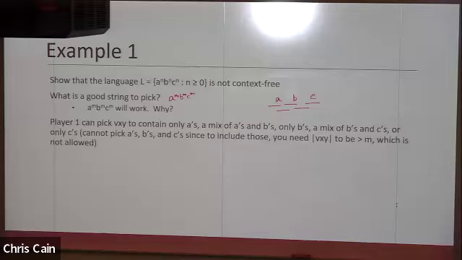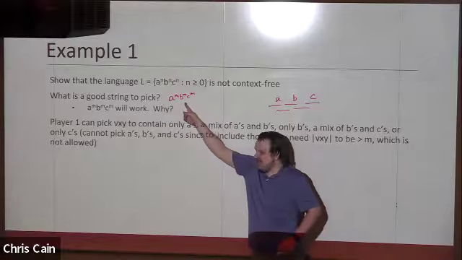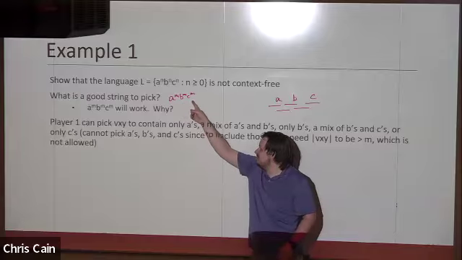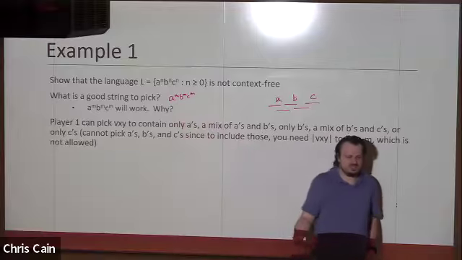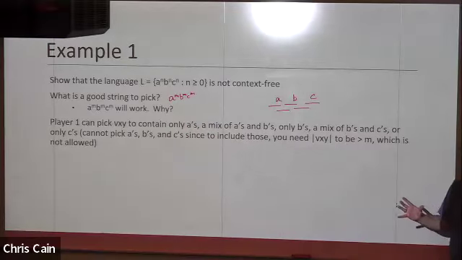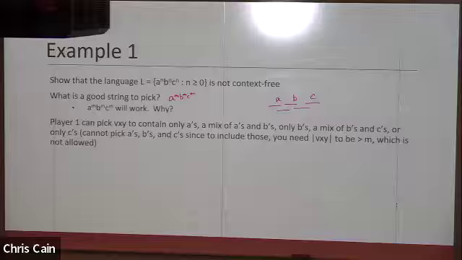Because we don't have a big enough window. If there are M B's, we would need 1 C and 1 A, so M plus 2 characters to fit a window where we had some A's, some B's, and some C's. And that is bigger than the window that we allow. VXY can't be larger than M. So that puts us in these 5 cases.